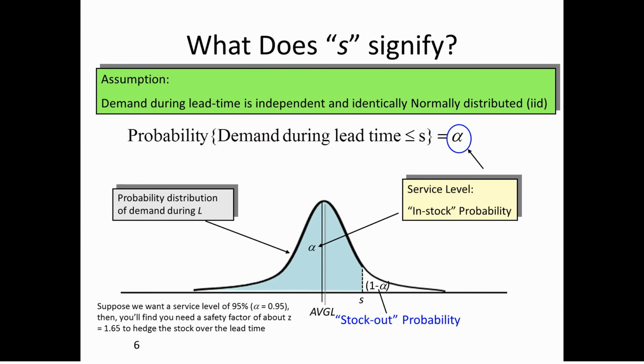Independent and identically normally distributed means that as demand is made over the lead time, every day that demand is made, it's normally distributed with the same mean and standard deviation. And independent means that one day does not depend on the next. There's no relationship between one day and another day. The demand is not affected by what we had before. In other words, if we sold a lot the day before, that doesn't tell us anything about how much we're going to sell the next day, other than the fact it's normally distributed.